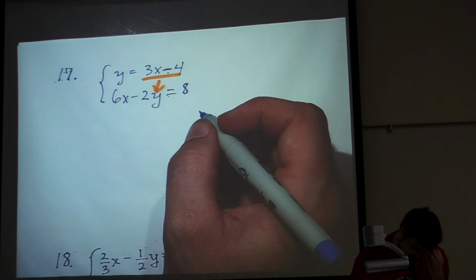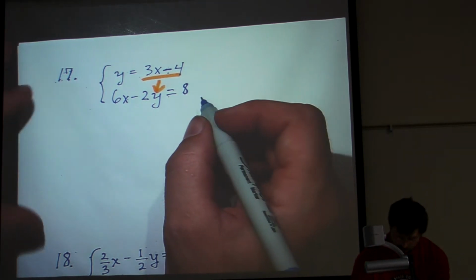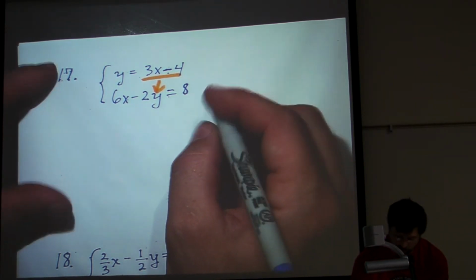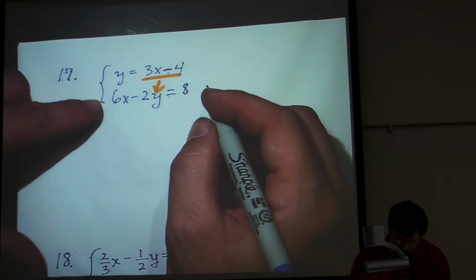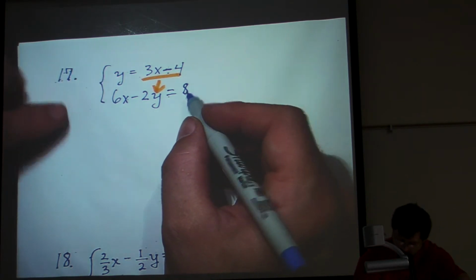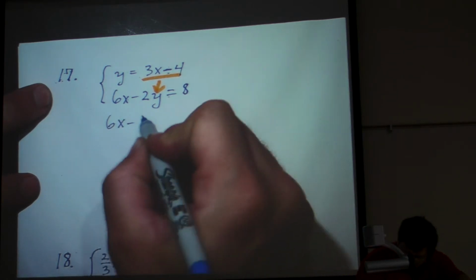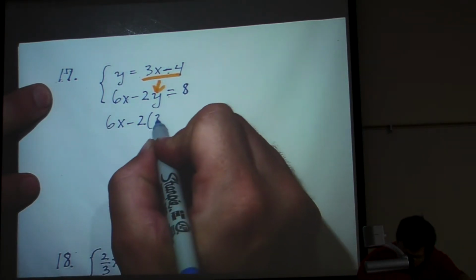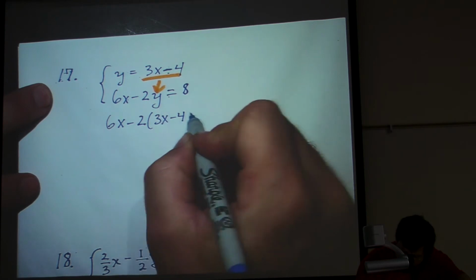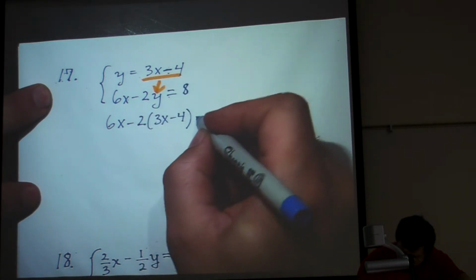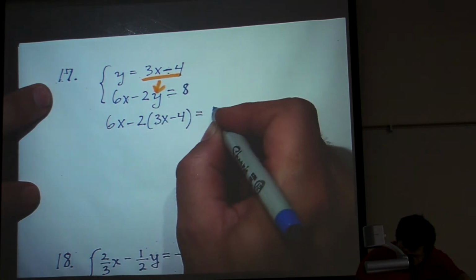Because what I was looking for on 16 and 17 wasn't really the answer in the sense of an ordered pair. There's a deeper concept there that I hoped you would arrive at, and you'll see it in a moment. 6x minus 2 times that quantity, that's not division, that's a minus sign, equals 8.